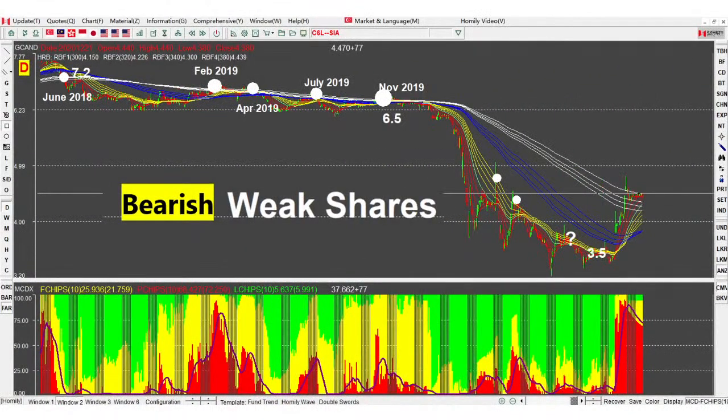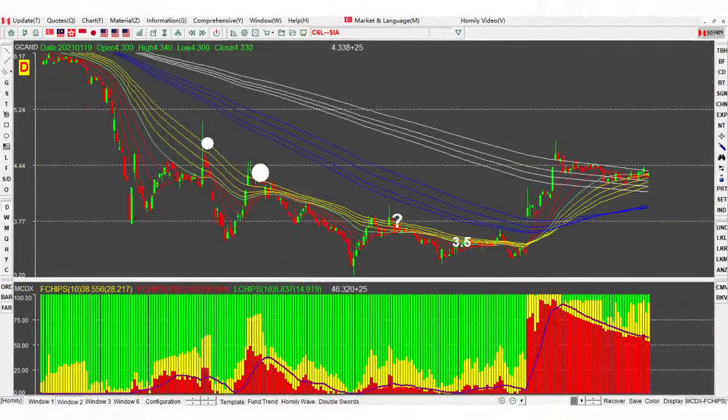Okay, SIA is also the same. If the white line is turning down, it means the big trend is bearish. After a rebound, it pulls back again. Every time the rebound finishes, it drops more. So you see recently, it had some rebound, but hit the white line resistance and cannot stand above the resistance level.